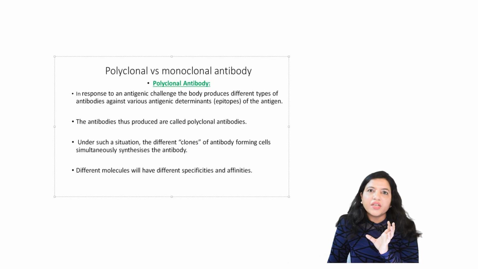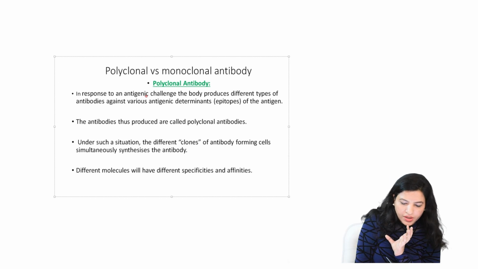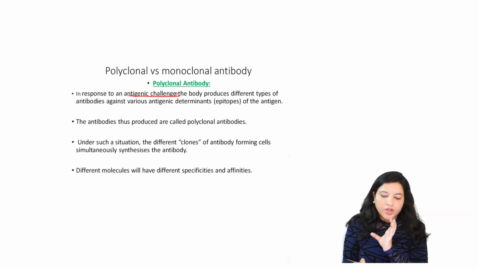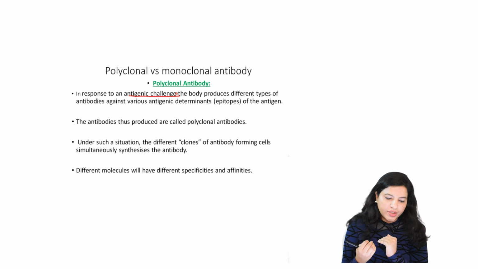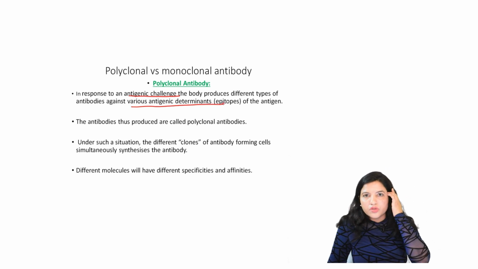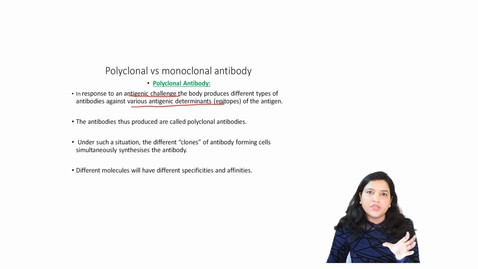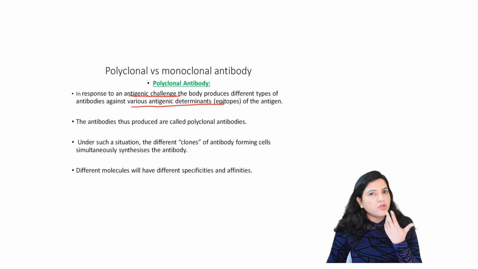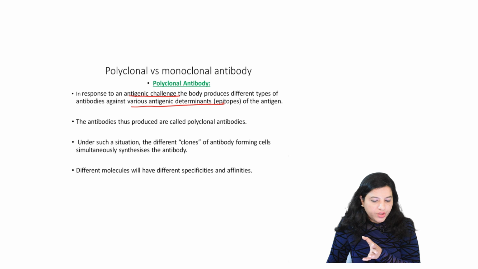If we are giving an antigen challenge, the body produces different types of antibodies against various antigenic determinants. If you are giving an antigen challenge against various epitopes, it will produce a lot of antibodies. That is called polyclonal antibodies.